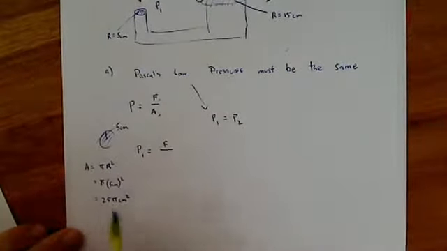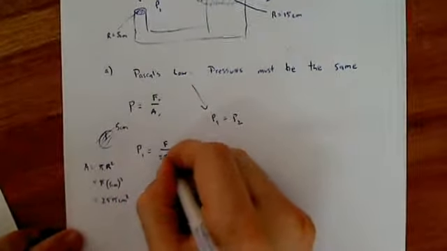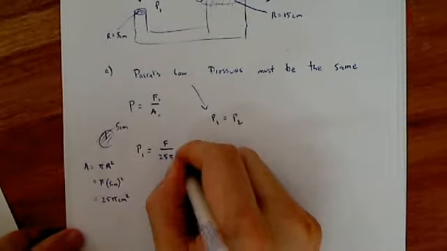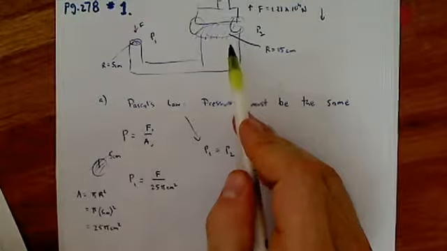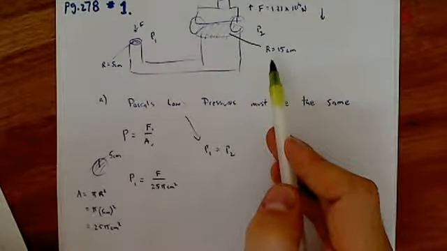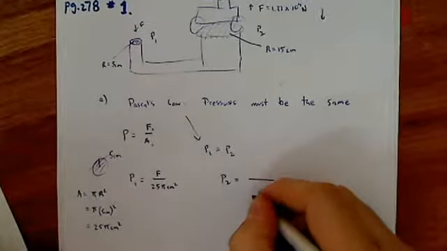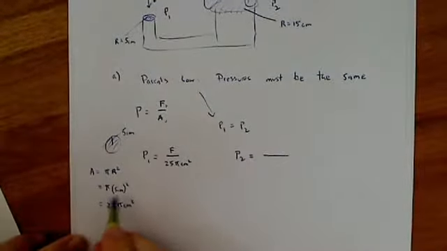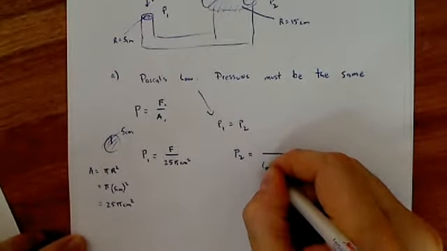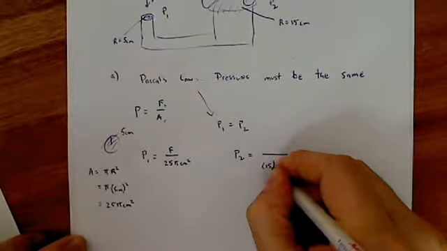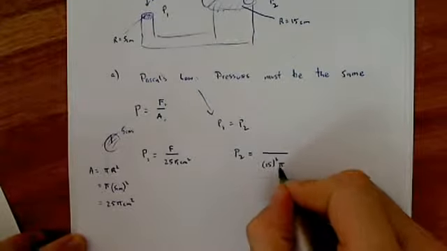So now we can say, that must be my area for my first piston. Now let's look at our second one. The radius is a lot larger. Instead of 5 centimeters, I'm going to put 15 centimeters squared. Pi r squared.